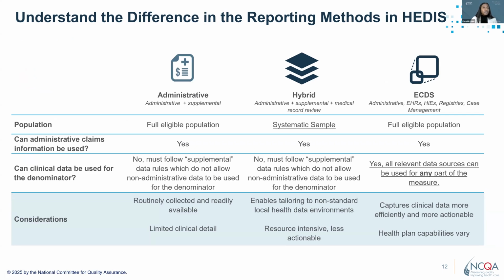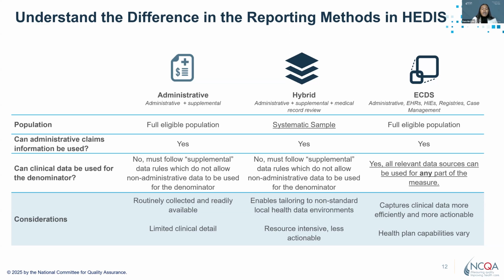So this slide is a table that's showing some of the differences between the ECDS and the traditional methods. And so I'll start off with the population. The hybrid method is calculated based on a systematic sample of members, a sample of 411 members, for example, out of the entire membership.